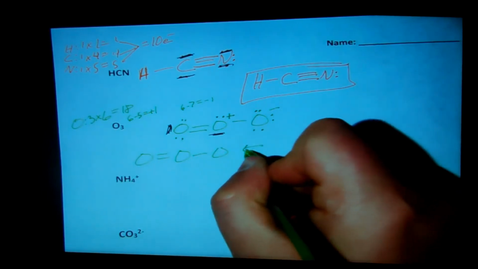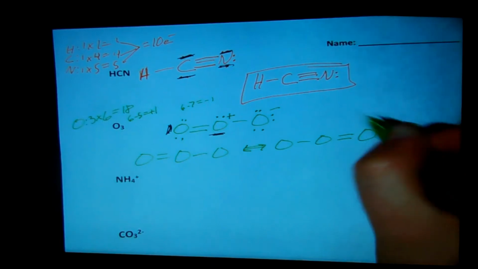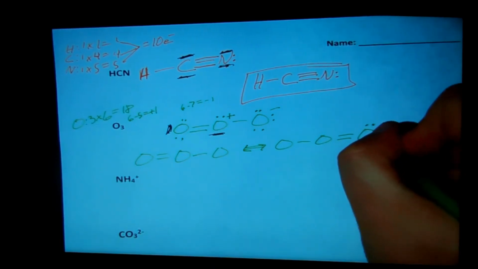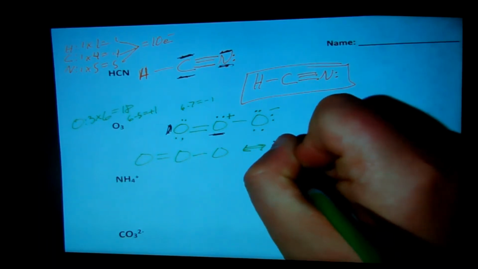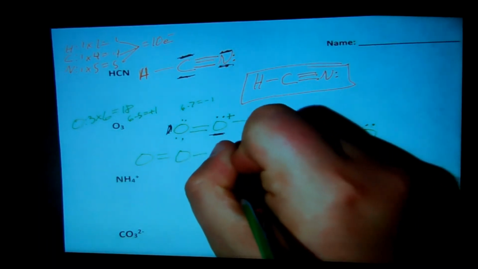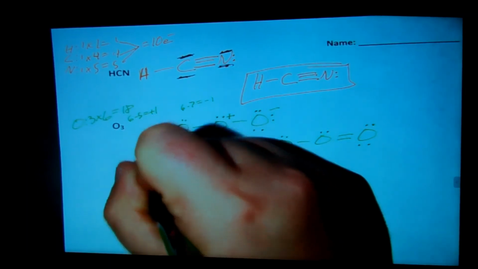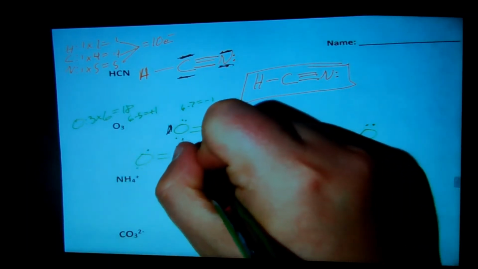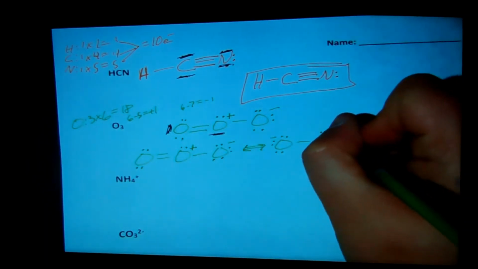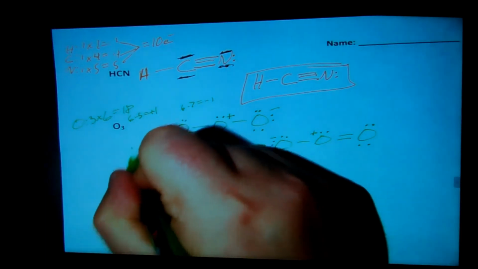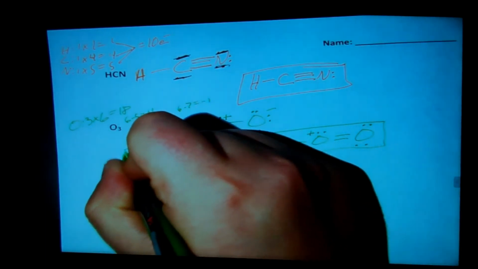We're going to have to show resonance. Have to show the charges within these. That's the negative one, there's the positive one, and there is my answer. There is the properly drawn Lewis structure.